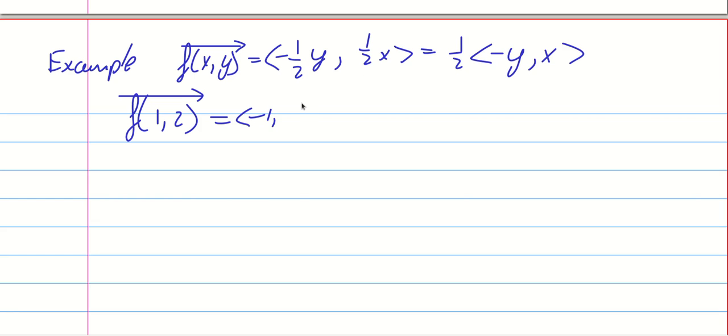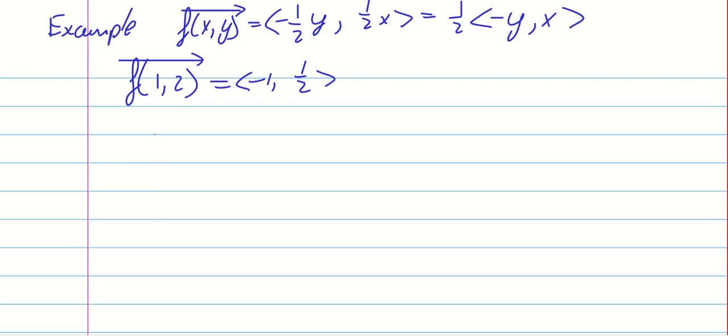And if we plug in 1 over here, we're going to get 1/2. So let's try to plot it. So 1 and 2: if this is 1 and this is 2, we're starting over here, and we go to negative 1. This is 1, this is negative 1 and 1/2.